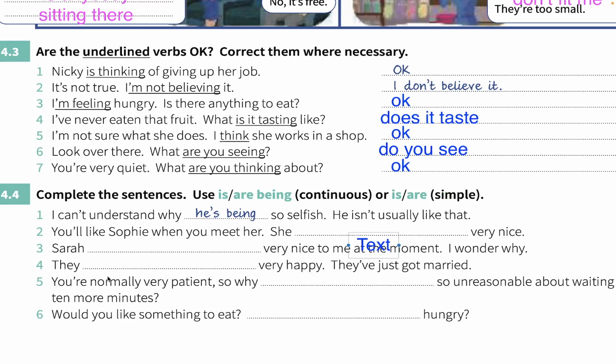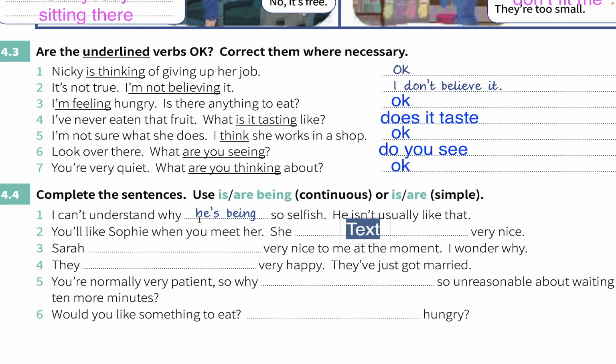For example, first question: I can't understand why he is being so selfish. He isn't usually like that. So here we are using the continuous. At the time of speaking, at the moment, this person is being selfish. So we use the continuous.